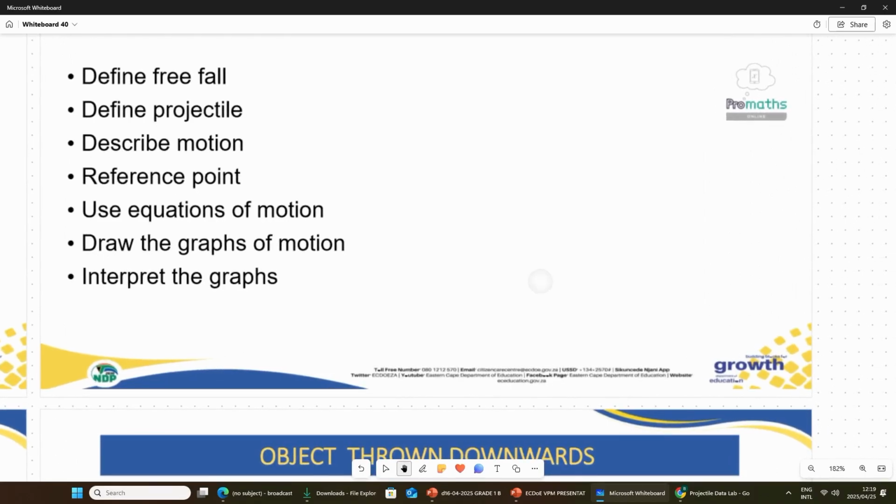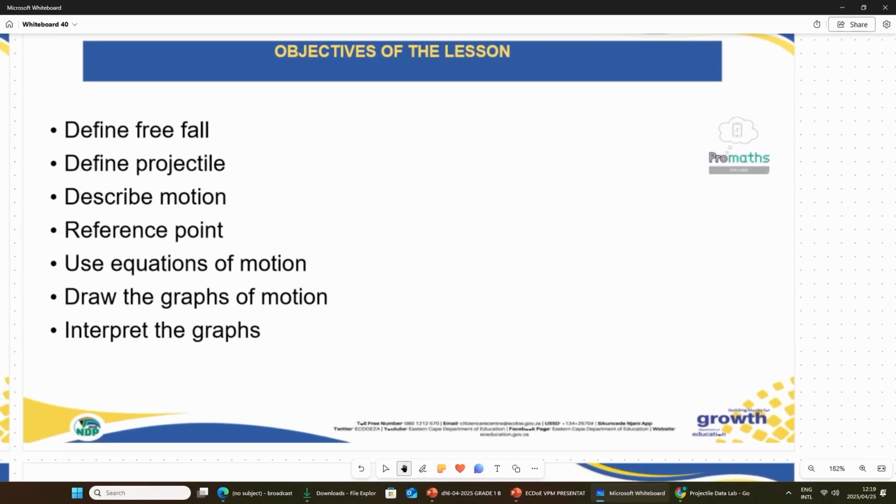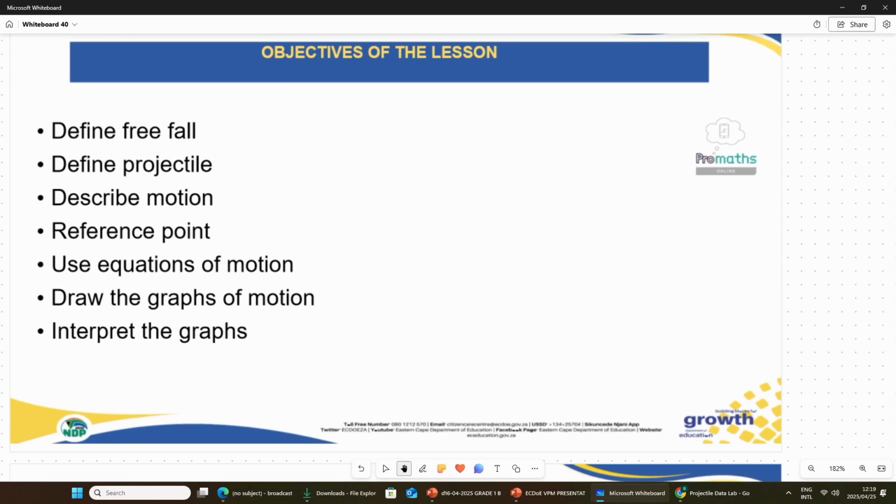The lesson objectives: a learner must be able to know and define free fall, define projectile motion, and describe motion. You must also know the reference point.